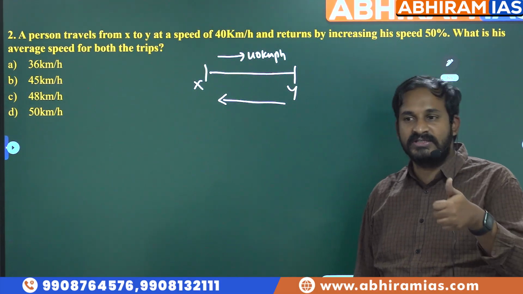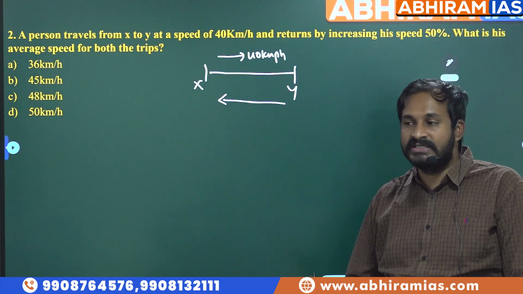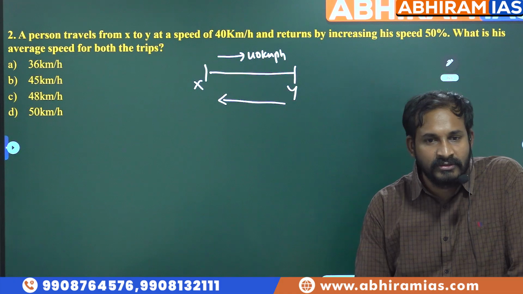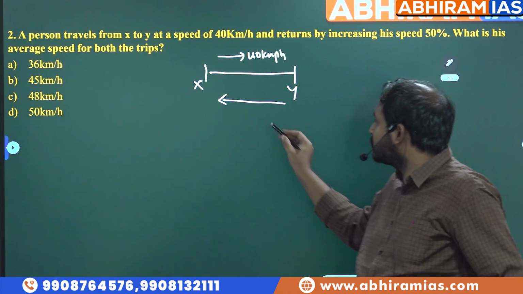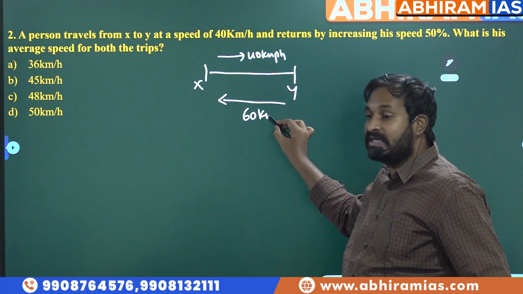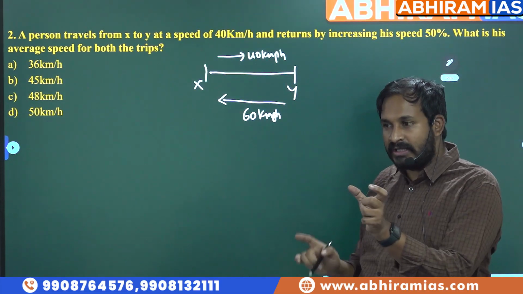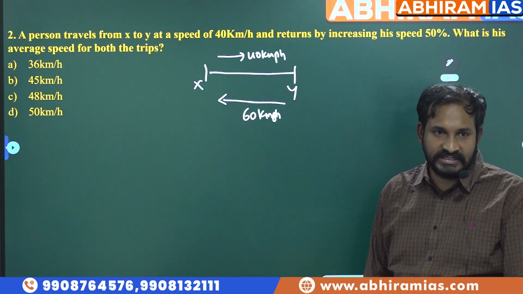His actual speed is 40. What is 50% of 40? 20. So he will return with 60 kmph, that is 40 plus 20.